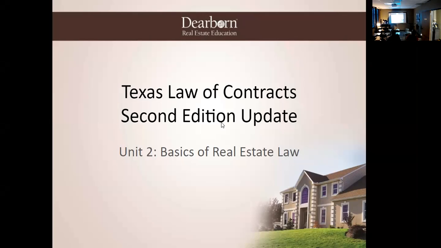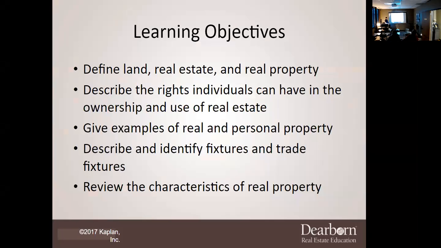The first thing we want to start off with is our learning objectives tonight. We're going to be talking about the differences between land, real estate, and real property. We're also going to describe the rights that individuals can have in the ownership and the use of real estate.